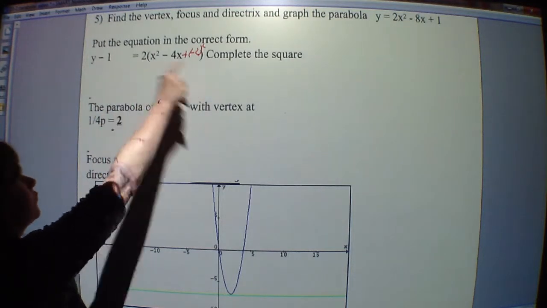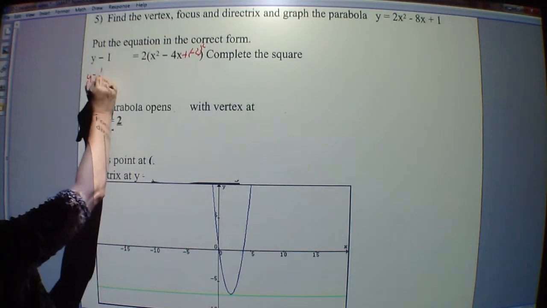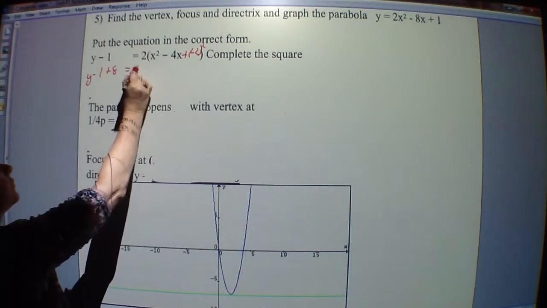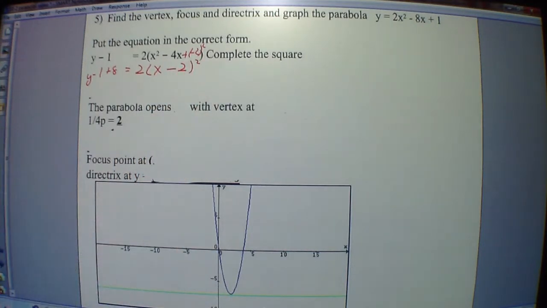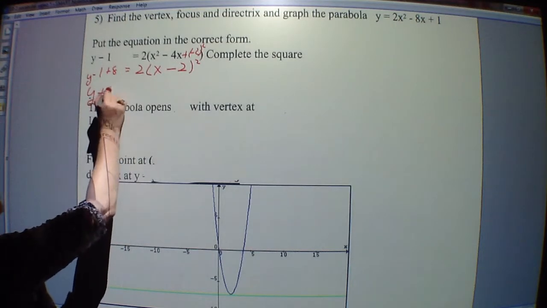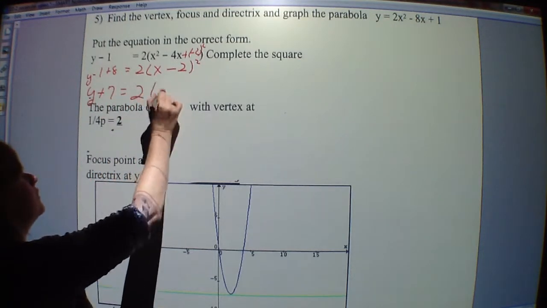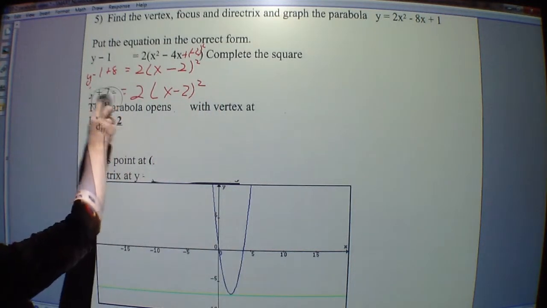But I really didn't add 4 to the side, I added 4 times 2. I added 8. So then I have y minus 1 plus 8 equals 2 times (x minus 2) quantity squared. So y plus 7 equals 2(x minus 2) squared. That's what I should have here.